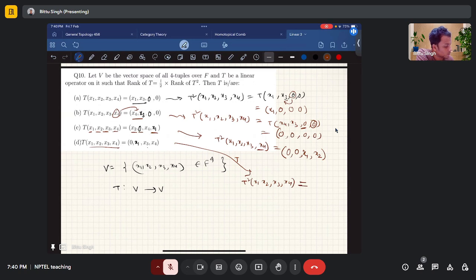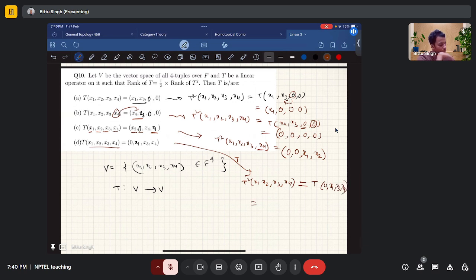So it is already shifted. Now it will be shifted again: 0, 0, x1, x2. Sorry, it is not completely shifting. So this is same as T of (0, x1, x3, x4).